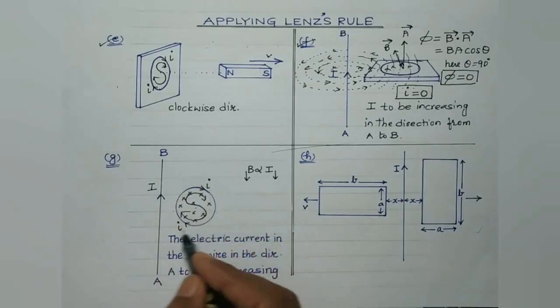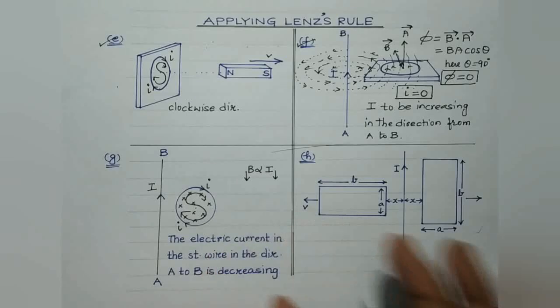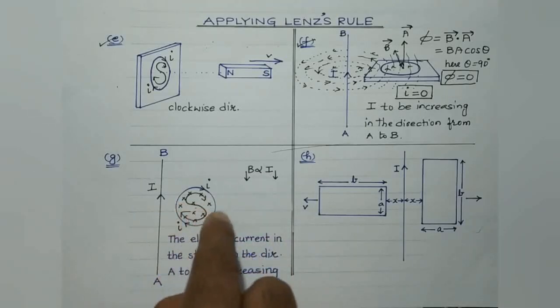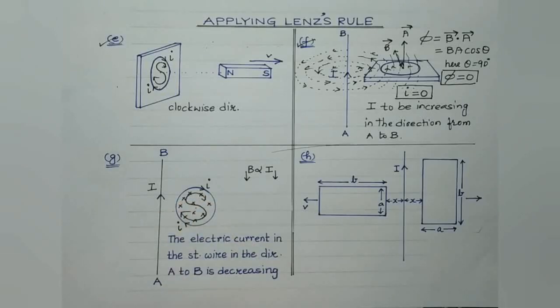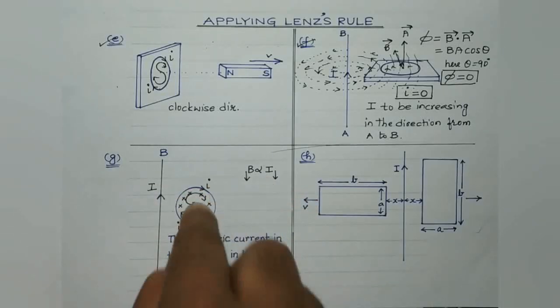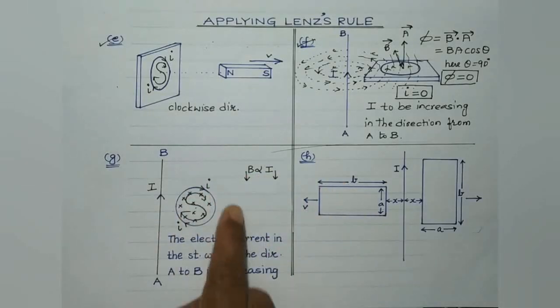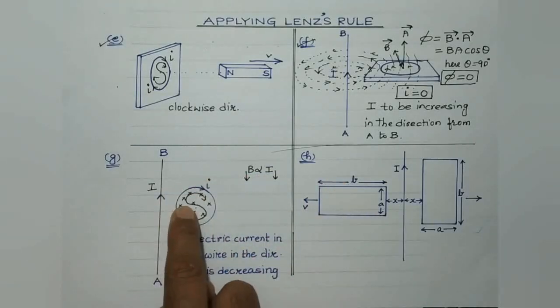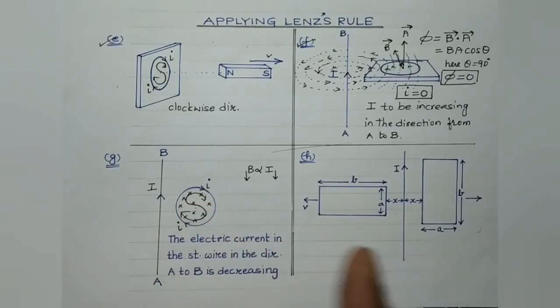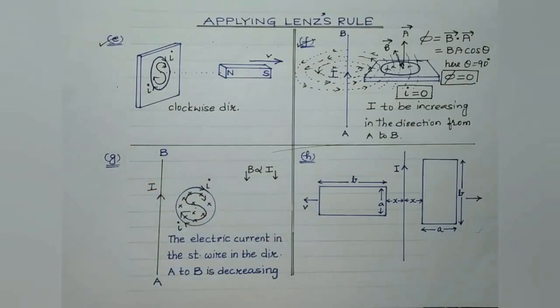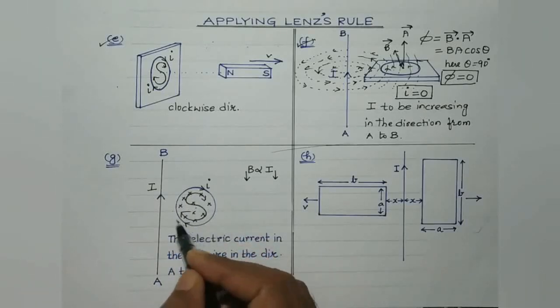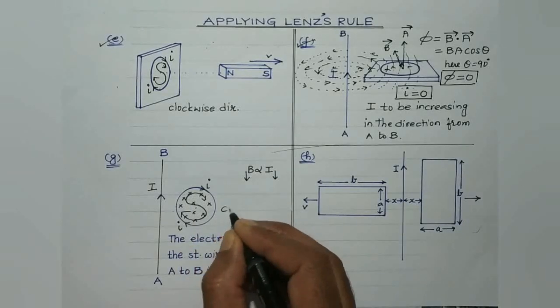Because now, due to this induced current, it will have its own magnetic field lines directed inwards, so that it will oppose the inward decreasing magnetic field lines. It will not allow the magnetic field lines in the inward direction to decrease, because it will itself acquire south polarity. Its own magnetic field lines will act in the inward direction, and thus it will oppose the changing magnetic field, right? So in this case, the current through this coil should be in the clockwise direction.